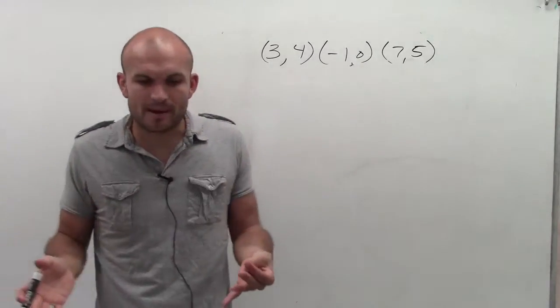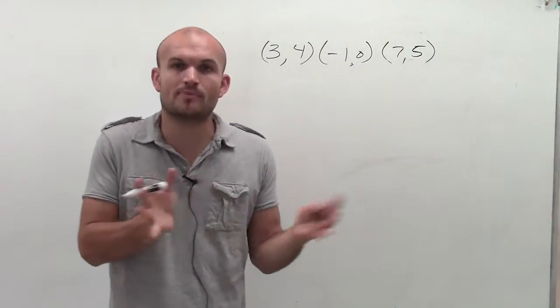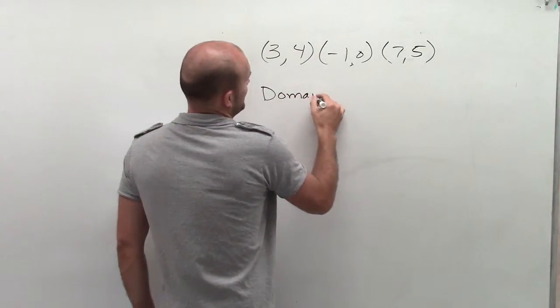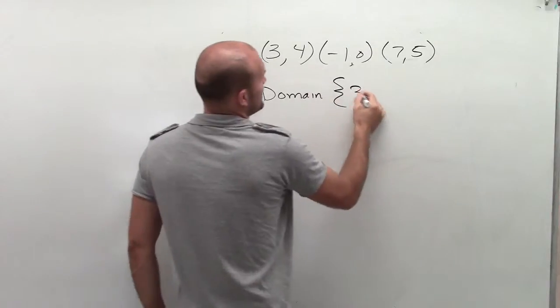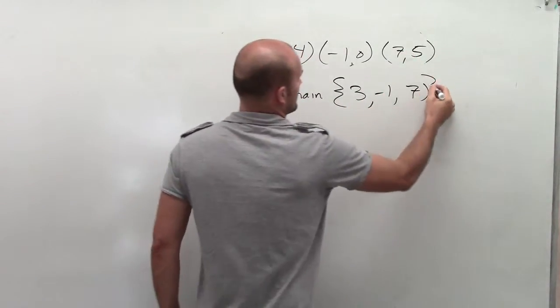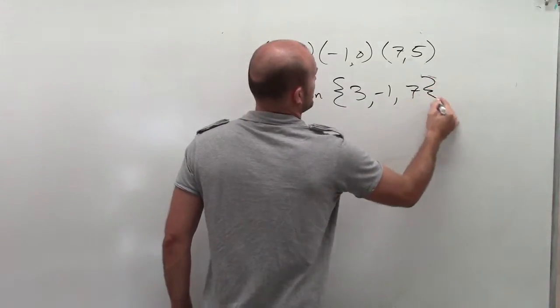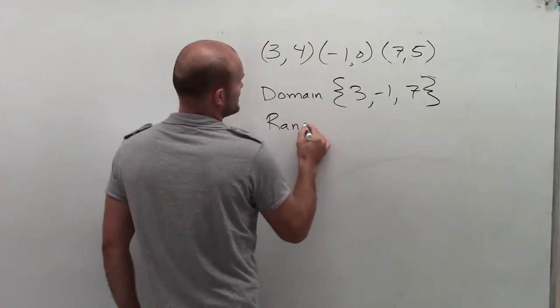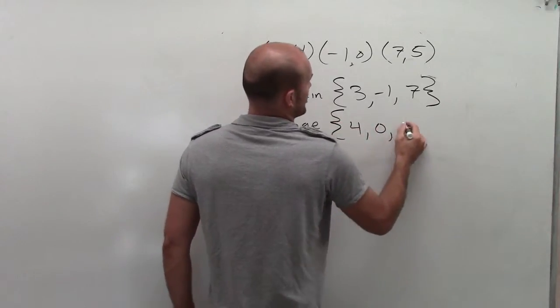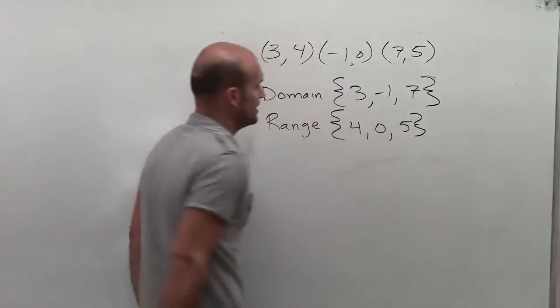My relationship, remember, has ordered pairs x and y. My domain for this example is going to be 3, -1, and 7. And the range is going to be the set of all my y coordinates, which is 4, 0, and 5.